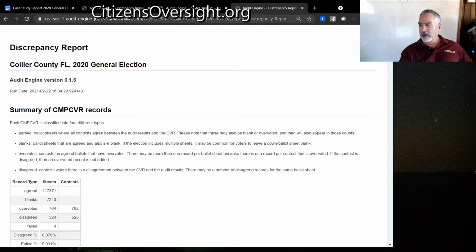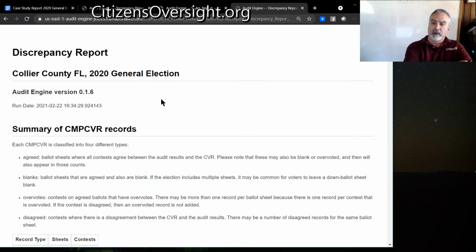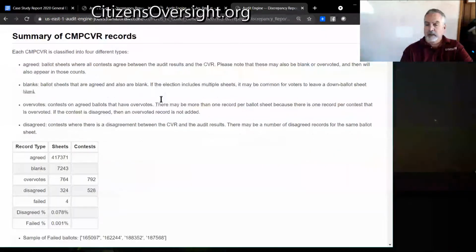This is one of the key products from AuditEngine, to look at each one of the discrepancies, and you can modify this to address how many you want in the report, etc. I think right now it includes all of the 324 disagreements in the report.